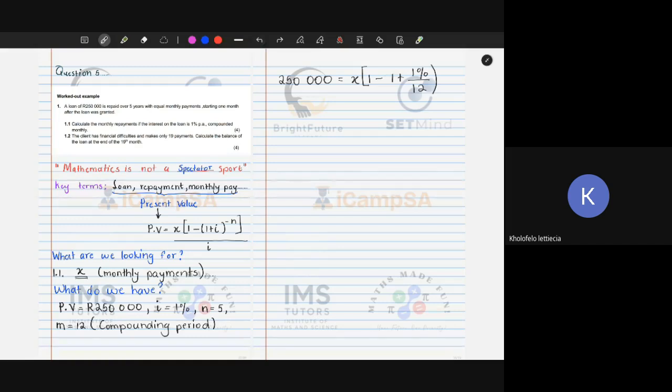And then this will be, if you look carefully, minus 12 multiplied by 5. There. So we'll have minus 12 times 5 there on the exponent part. And all of this should be divided by our interest rate divided by the compounding period. So essentially, it must be divided by 1% over 12. And remember that all what we are doing here, essentially, we are trying to solve for X.